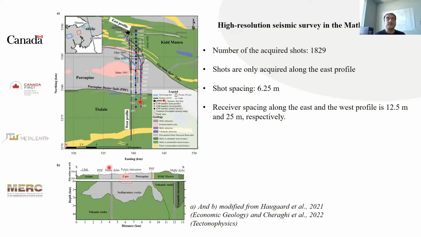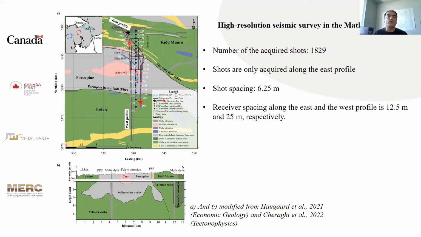The geological section in B is from their results, and they show the Porcupine Destor Fault in the south and also the Pipestone Fault in the north. So I'm showing the results from this high-resolution data.